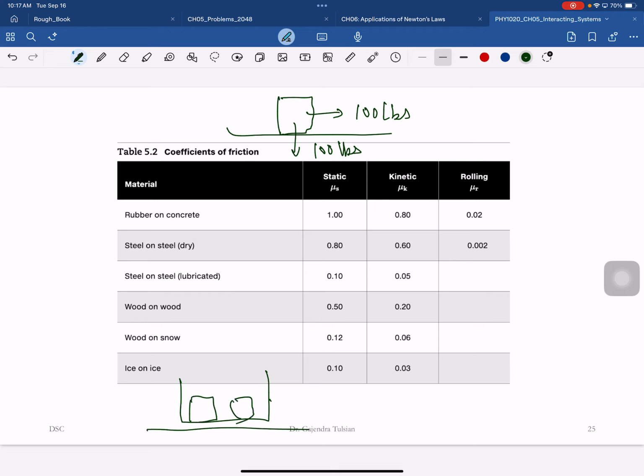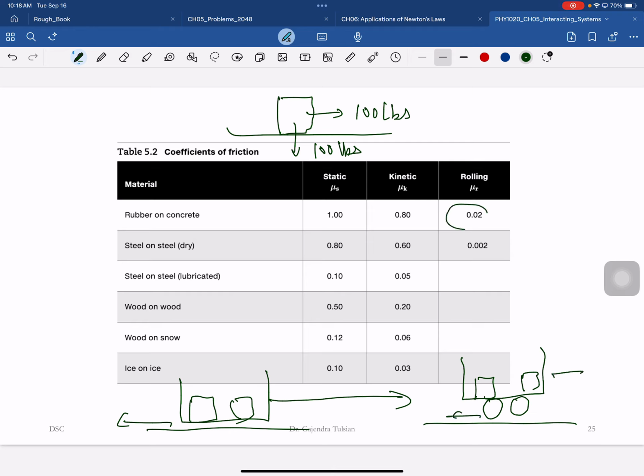You push, and you're working against friction. Now, a few years ago, you got smarter, and what did you do? You invented wheels. And now, when you're rolling, the friction force is suddenly so much smaller. So life got easier.